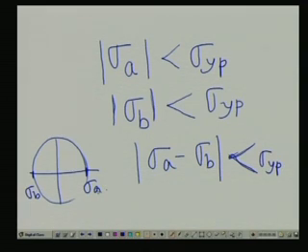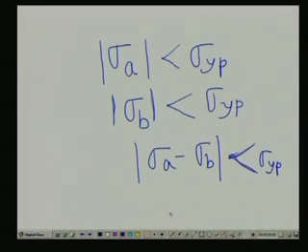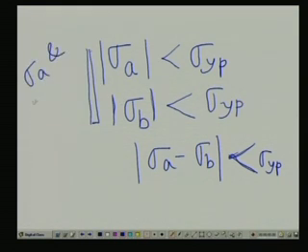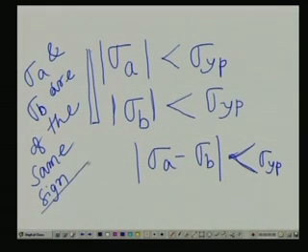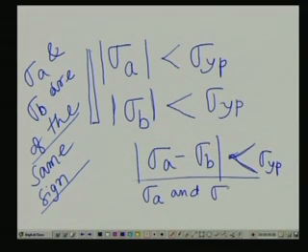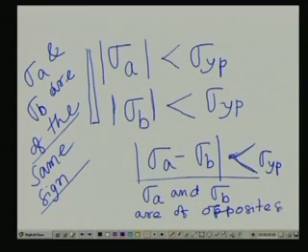If we consider these equations, the first is when sigma A and sigma B are of the same sign, and the second denotes that sigma A and sigma B are of opposite sign.